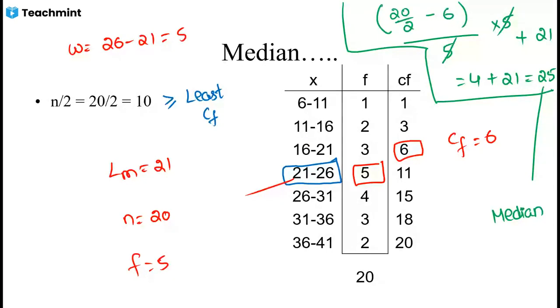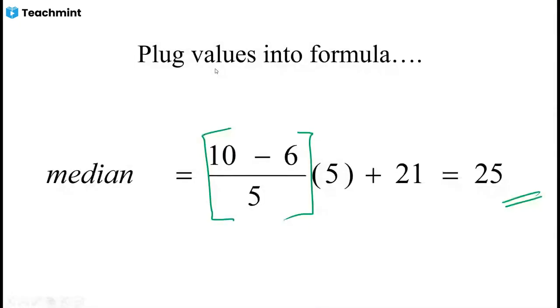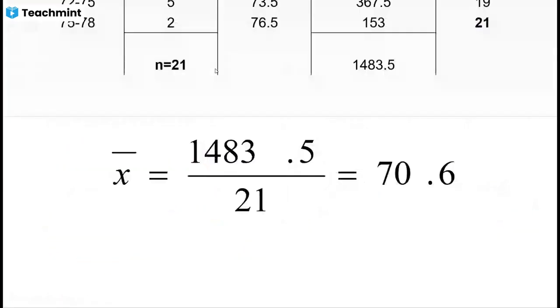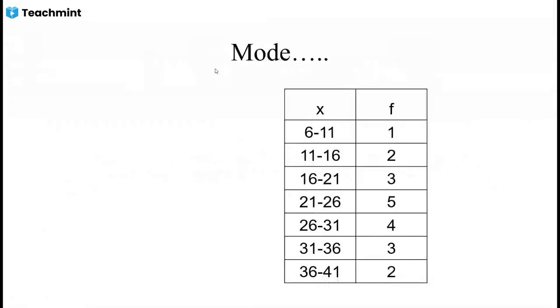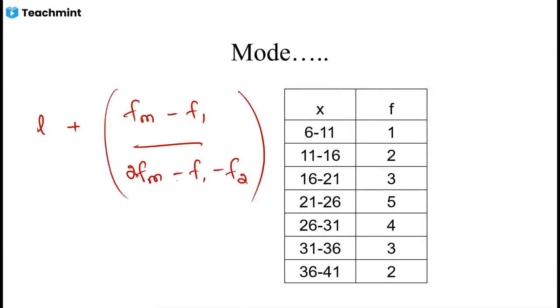It's not the mode class now, we are focusing on the mode. Here, the formula, if you can recall what formula we gave, it's similar to the previous one: L plus (Fm minus F1) divided by (2 Fm minus F1 minus F2) into W. So this is the mode.